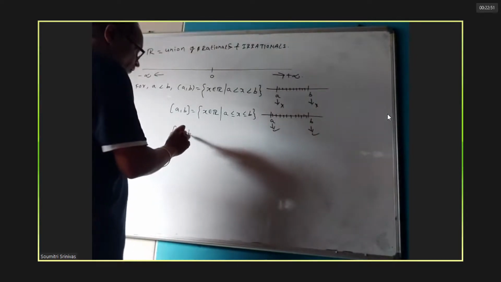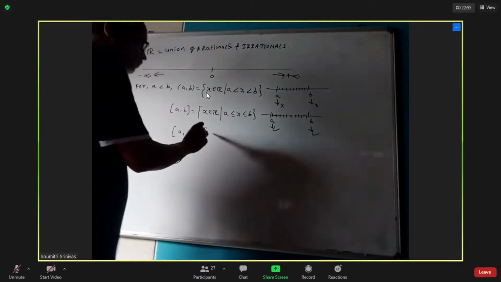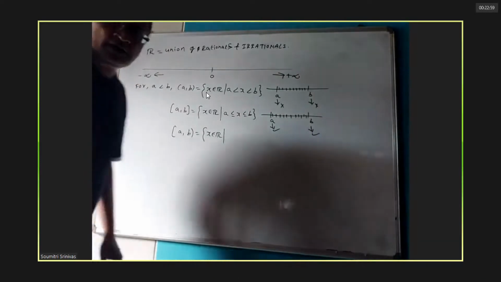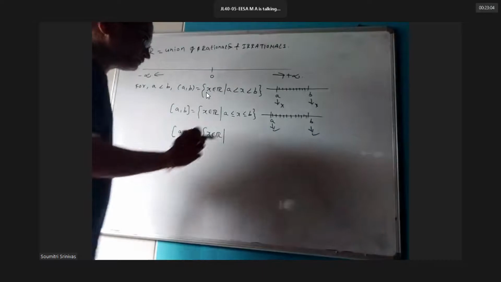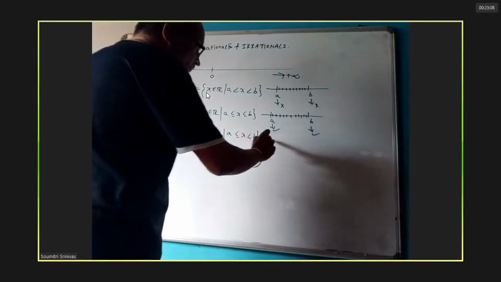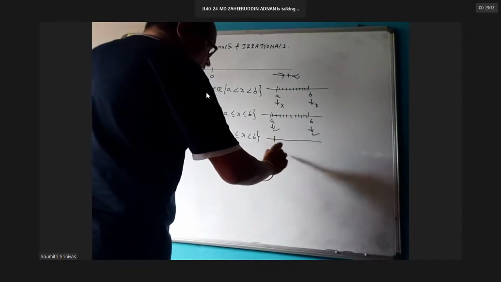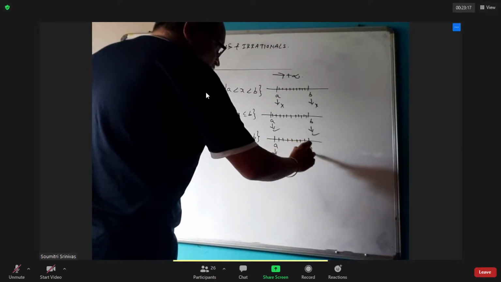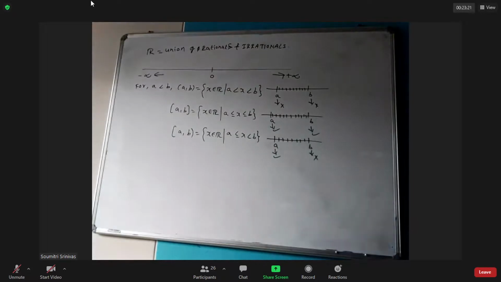Closed a, open b: left closed, right open. Set of all x belonging to R such that a less than or equal to x less than b. Here a is included, b is not included.